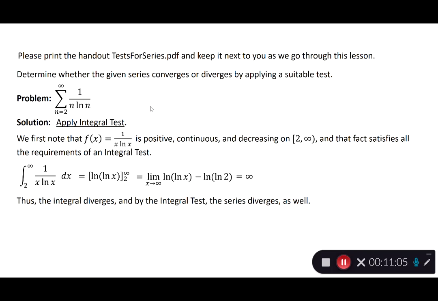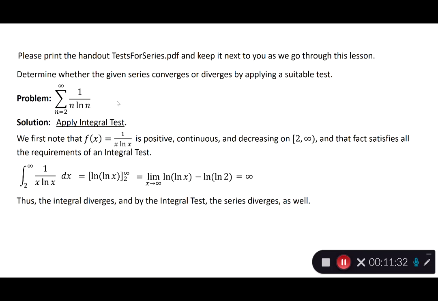Guess what? These terms are in fact smaller than the terms of a harmonic series. 1 over n natural log of n is actually less than 1 over n for all n greater than or equal to 2. So these terms are smaller. Now, what's the big deal about that?